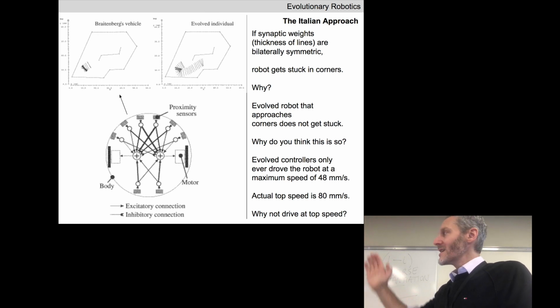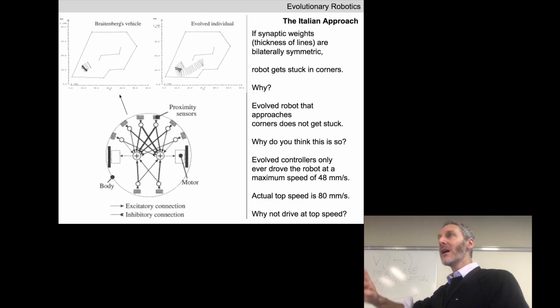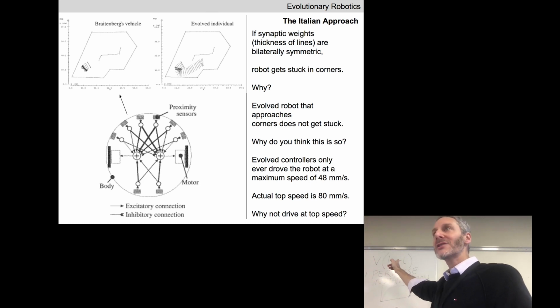You'll notice that the outside synapses that are arriving at the left motor neuron are excitatory connections, and the contralateral connections, the ones coming from the sensors on the other side, are inhibitory. Where have you seen that before?